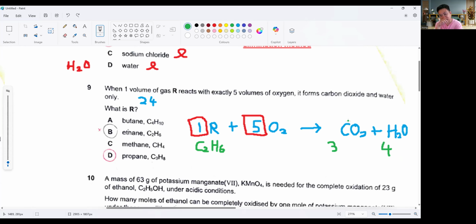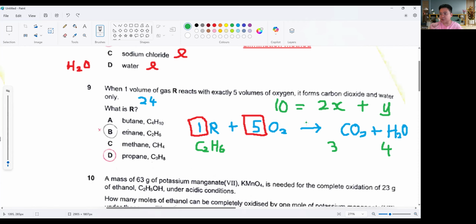Because this oxygen here must be times 2, it's like 2x plus y must equal 10.